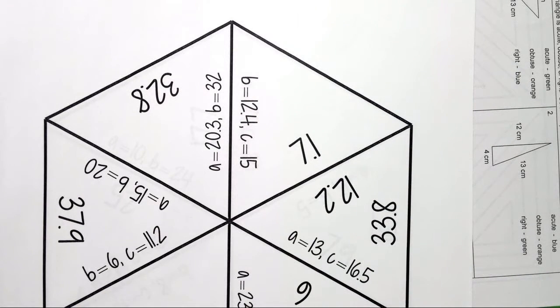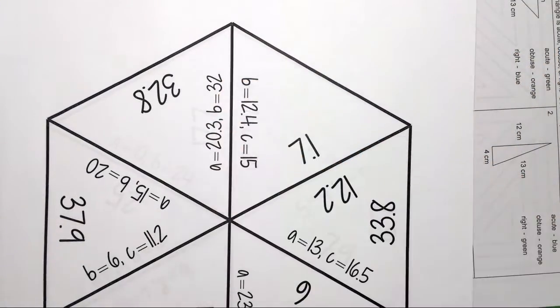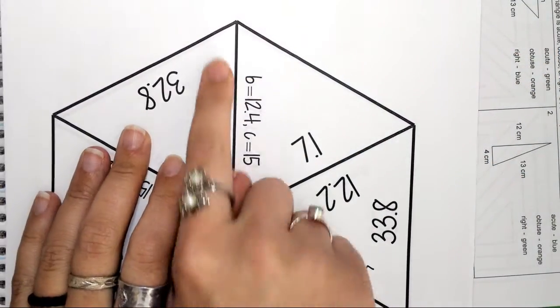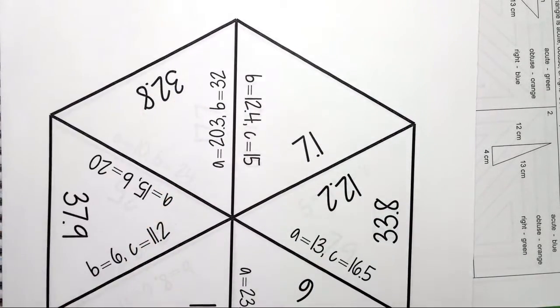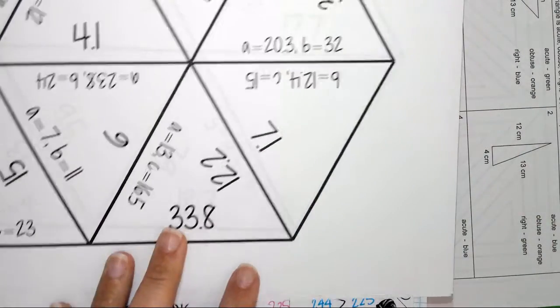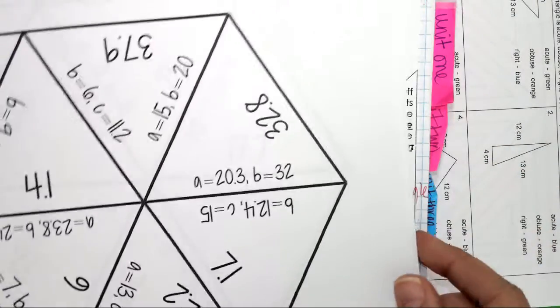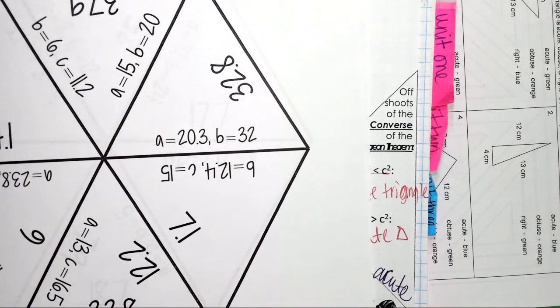Now, what you're going to do, you see how it gives you an A and a B right here? You're going to work out these problems using the Pythagorean theorem, find the missing side length, and then match it up on the other triangles. So let's work this one out together. It's a squared plus b squared equals c squared, correct?